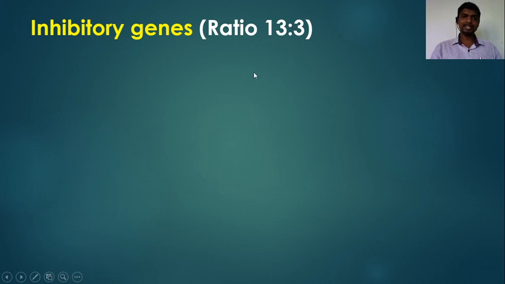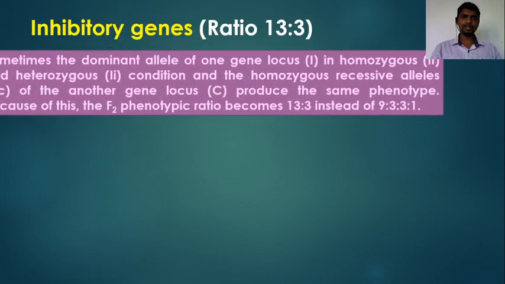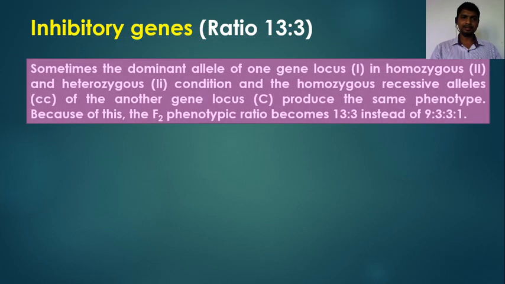In epistatic genetic interactions, epistasis is the phenomenon of suppressing or inhibiting the phenotypic expression of one gene by another non-allelic gene. In the same zone we are going to study the inhibitory genes.